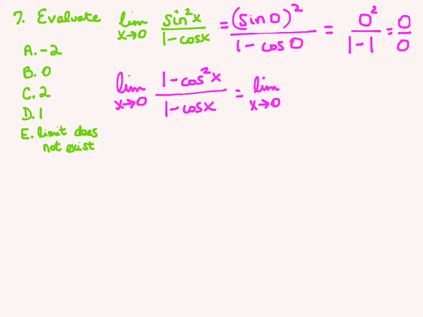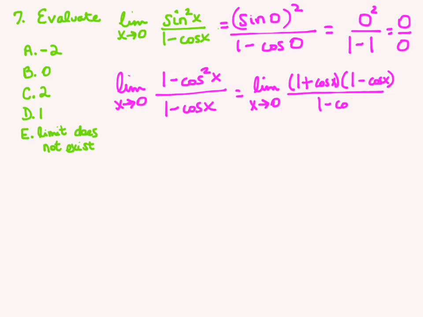And so the limit as x approaches 0. I'm going to factor my numerator. And it's going to be 1 and 1, cosine x, and cosine x, and then of course plus minus, because that's how we factor a difference of 2 squares: 1 plus cosine x, 1 minus cosine x.